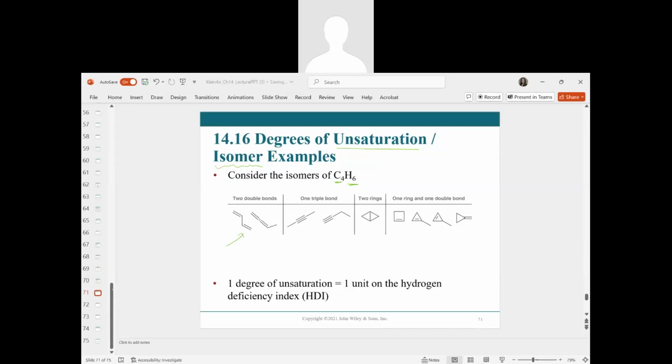We can have that with either 2 double bonds, in either conjugated or accumulated arrangements, like shown here. Then we have 1 triple bond, which counts for 2 degrees of unsaturation. So that's another way to represent this. We could have 2 rings, 2 degrees total, or we could have a ring and a pi bond. Any of these combinations would produce the same hydrogen deficiency index, or 2 degrees of unsaturation.